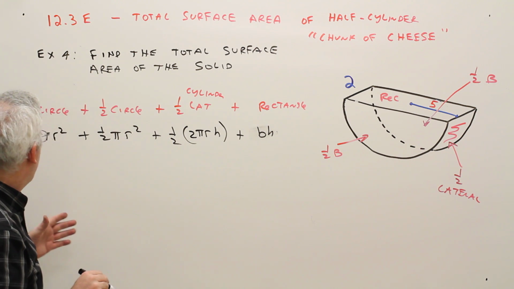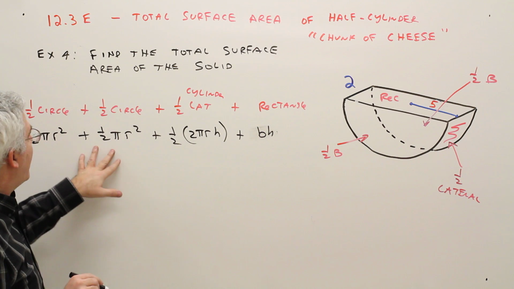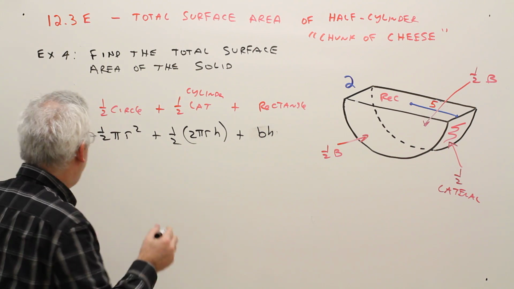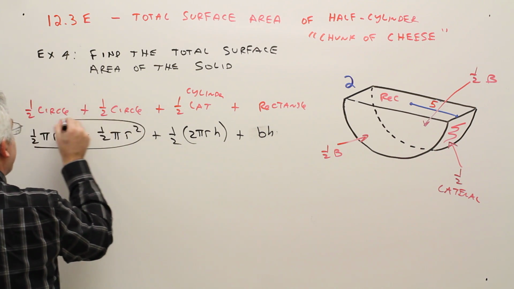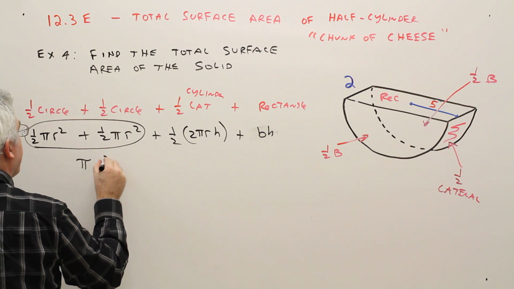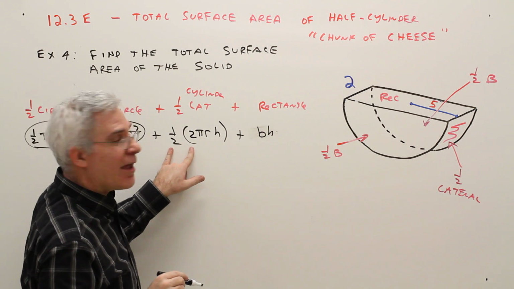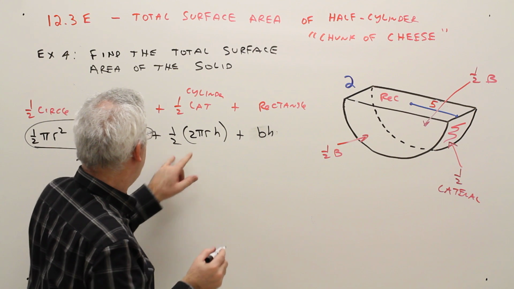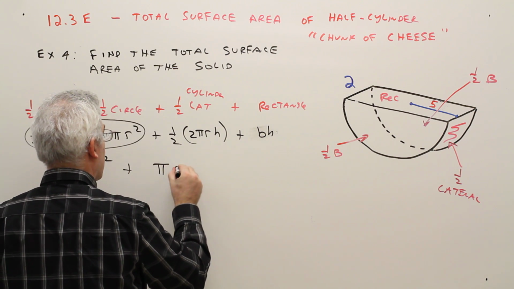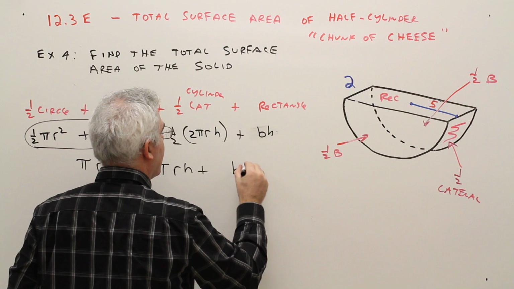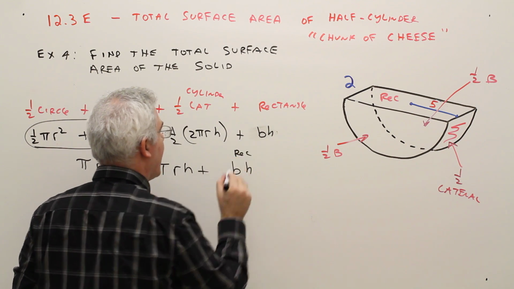So a half pi r squared plus a half pi r squared is just pi r squared. A half times 2 pi r h is just going to be pi r h, plus the base and the height of the rectangle.